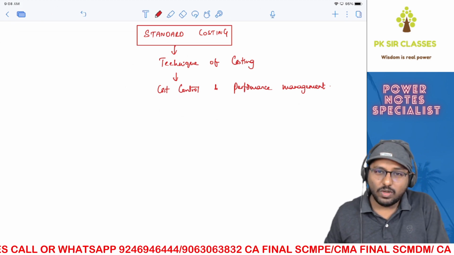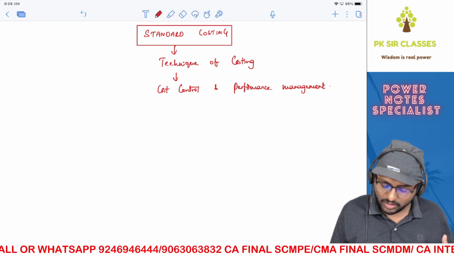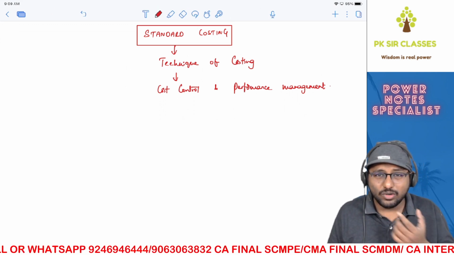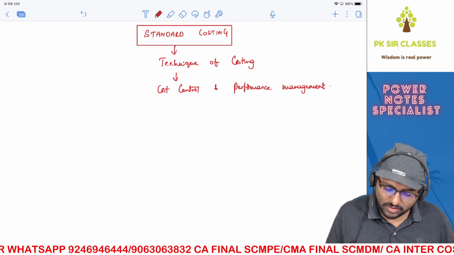So that is the basic idea of standard costing. It's a technique of costing which is predominantly used to control the cost and measure and manage the performance in totality.